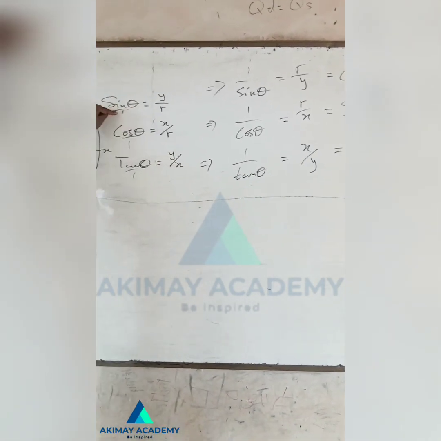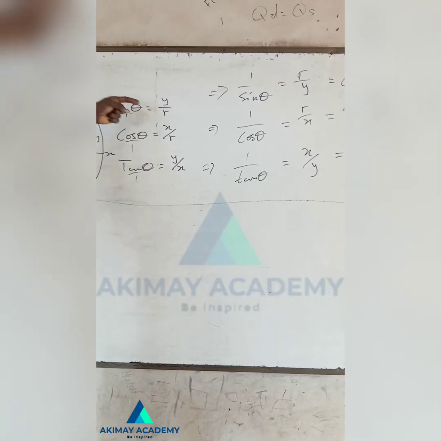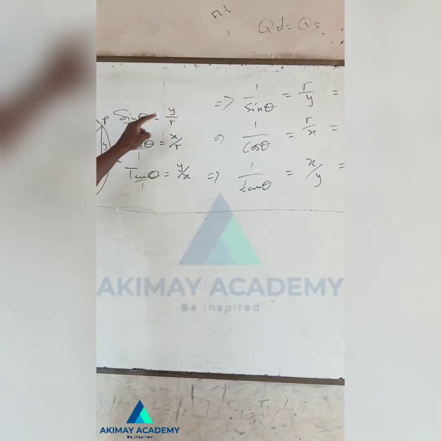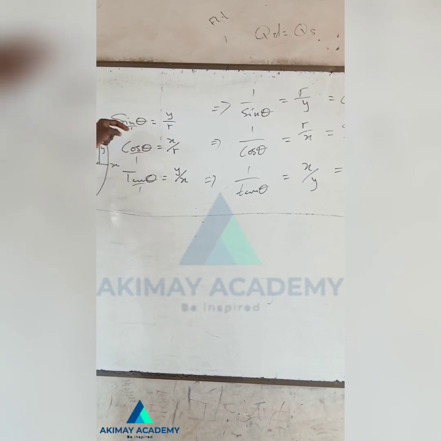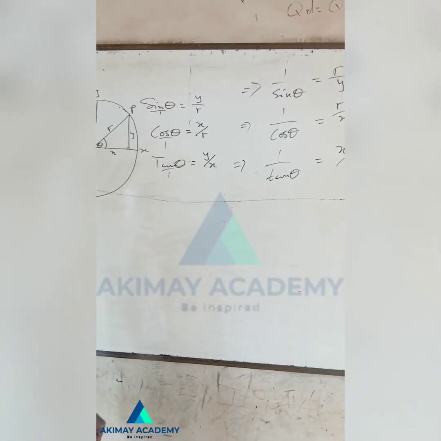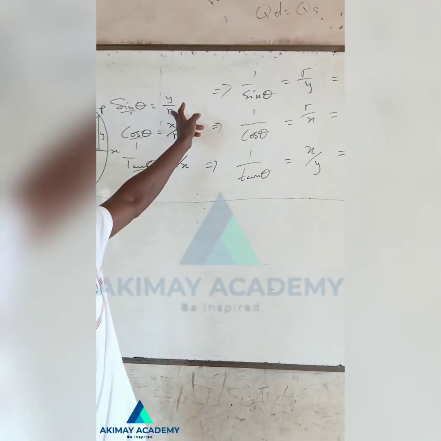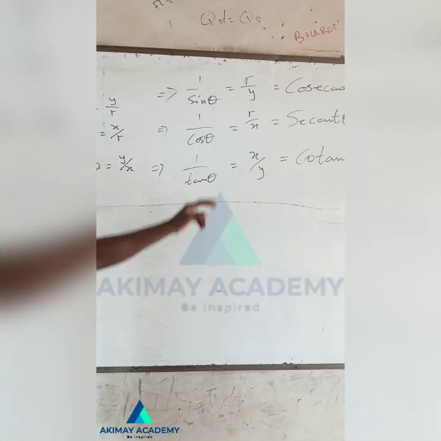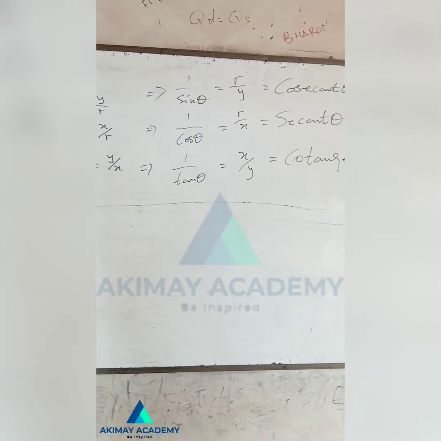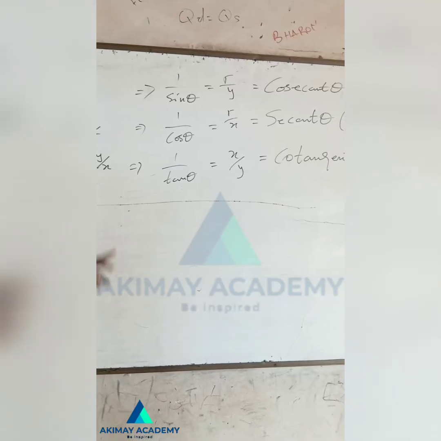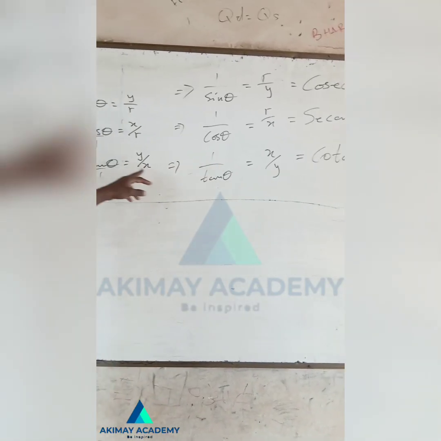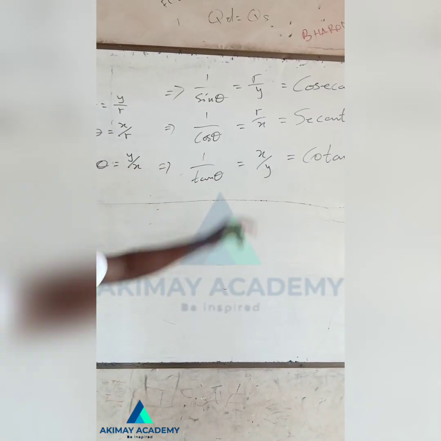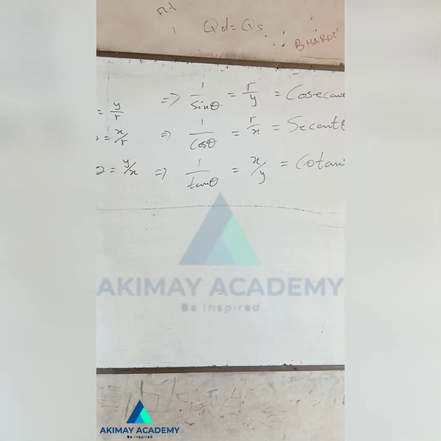As we are reciprocating this side, the same applies to this section. So when we reciprocate 1 out of sin theta, r and y also reciprocate, so we have r out of y. The same applies to cos, where we have r out of x, and then tan, where we have x out of y.